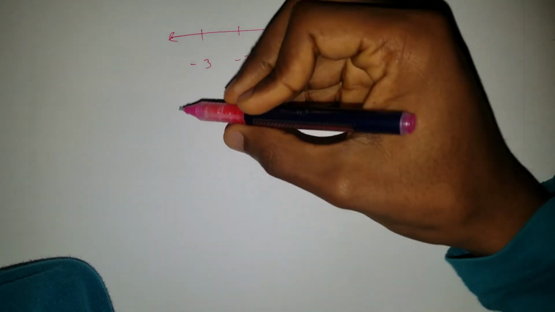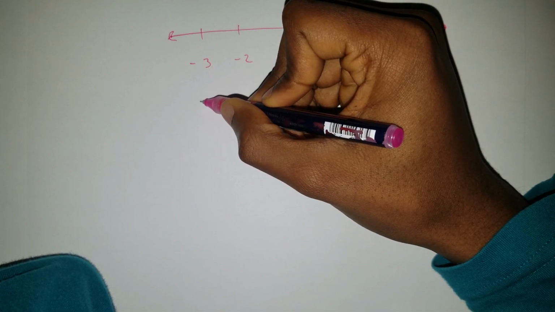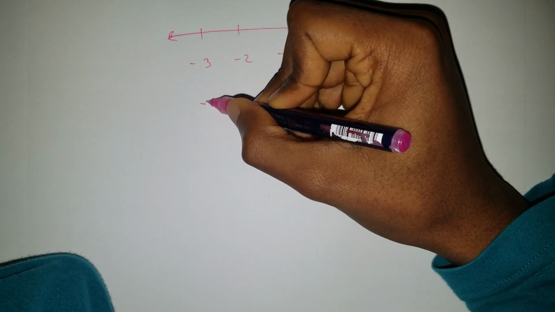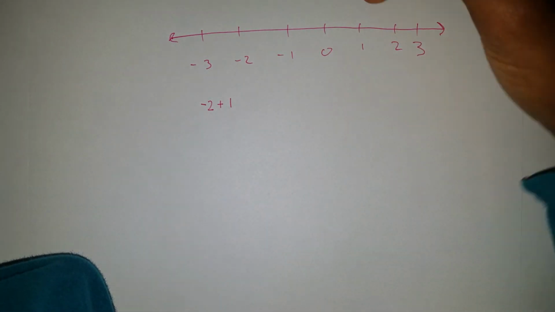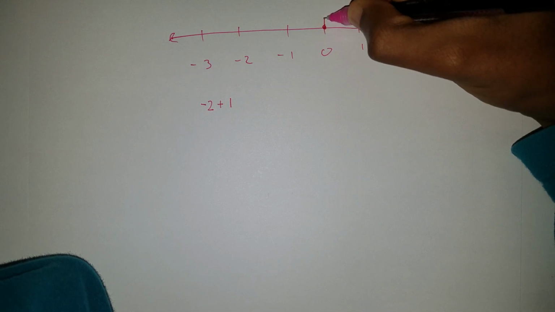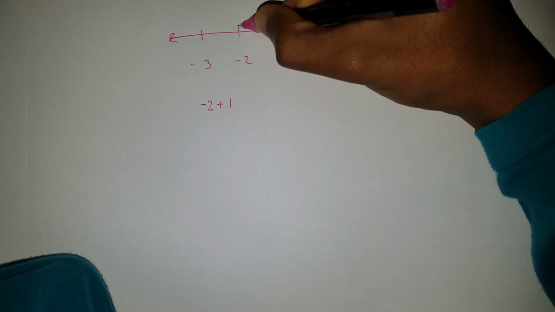For example, if we want to add two real numbers, let's add -2 plus 1. We first start at 0. From 0, we go left 2 units because we're at negative.